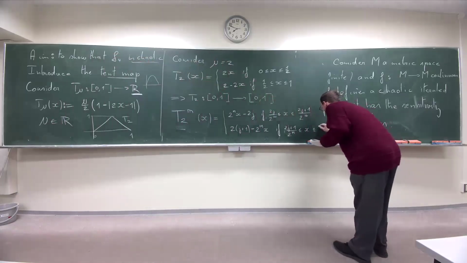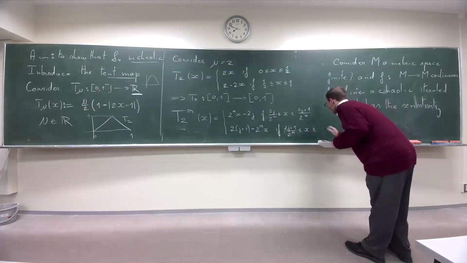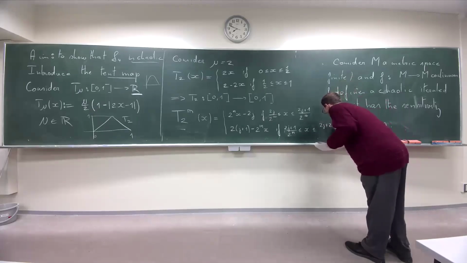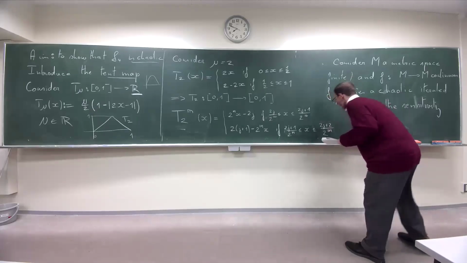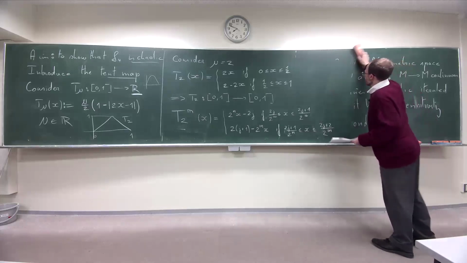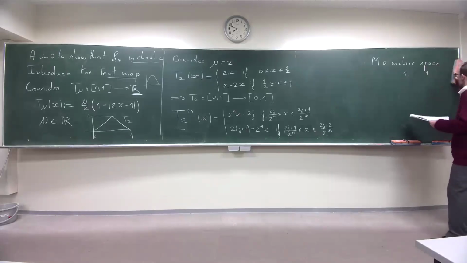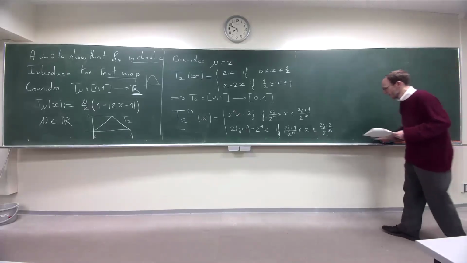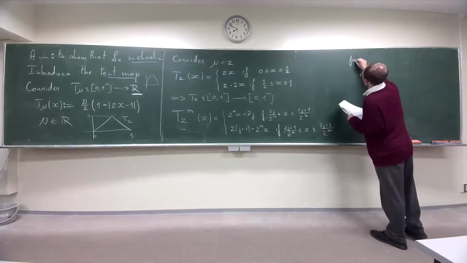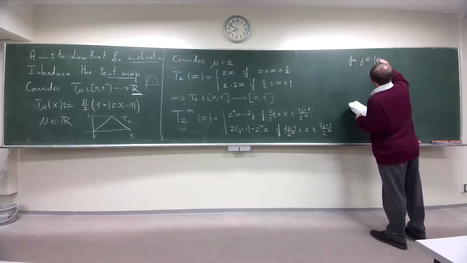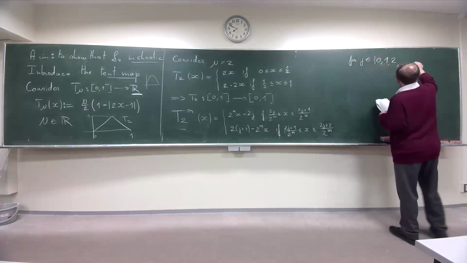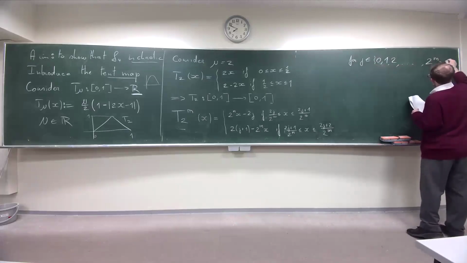So we have two expressions, but I need to say who is j. So j belongs to the set 0, 1, 2, up to 2 power m minus 1.